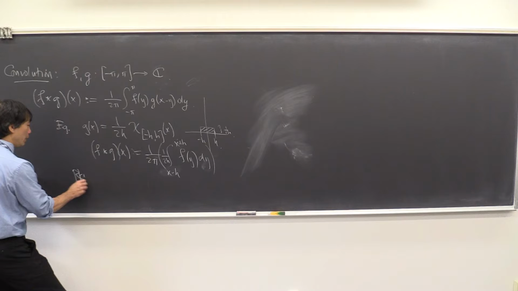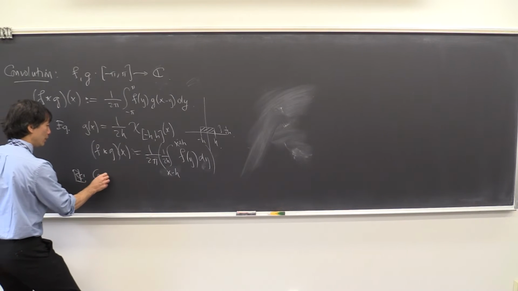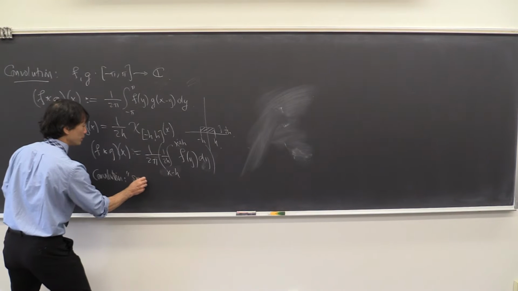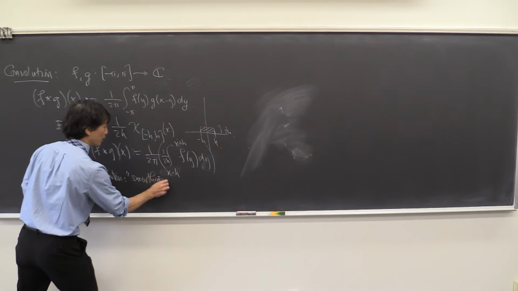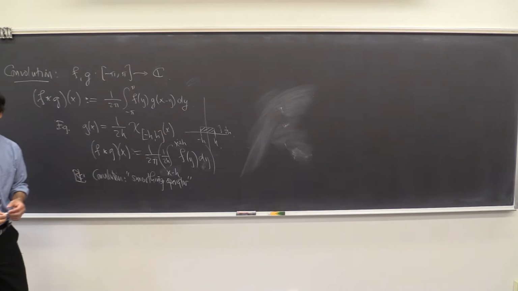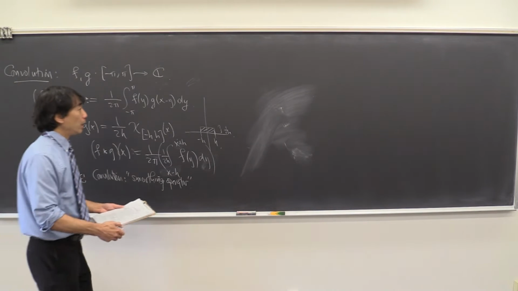So in particular, you want to think of convolution as a smoothing operator. It improves the smoothness of your function.